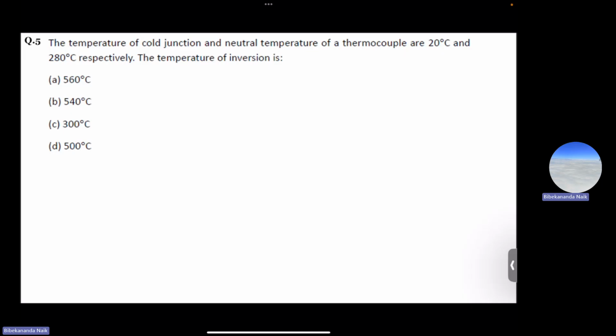The temperature of cold junction and neutral temperature are given, and we need to find the temperature of inversion. I'll give you a few minutes to try this question and then we'll discuss the correct answer.